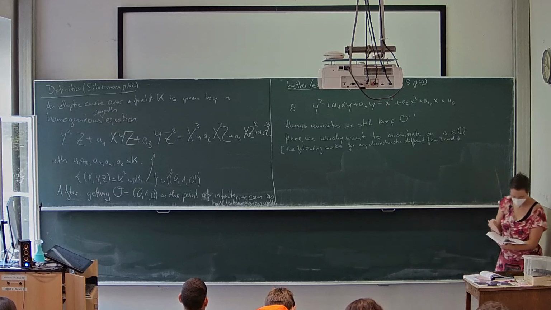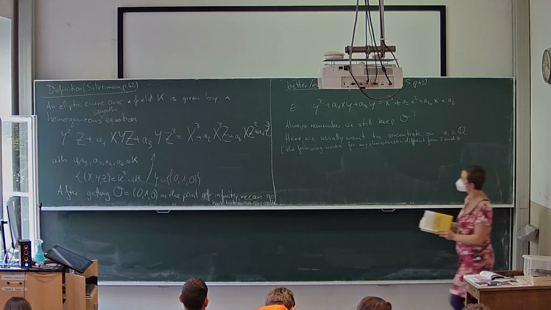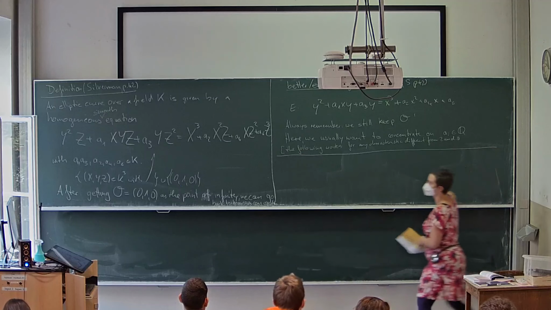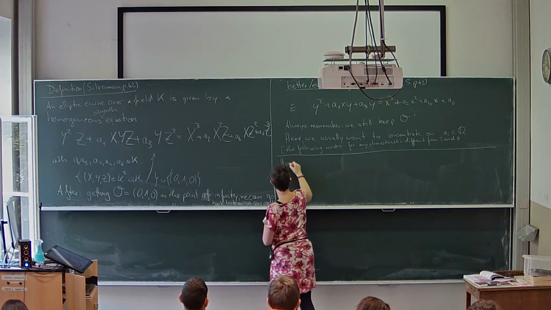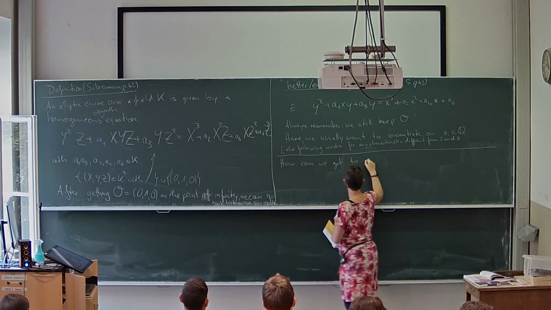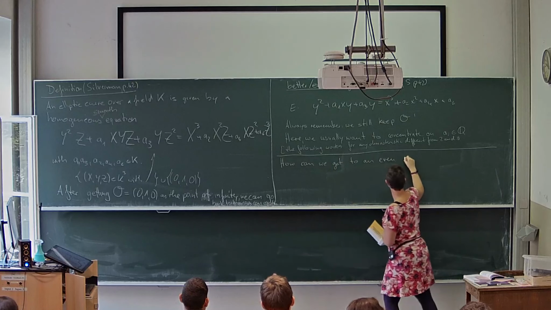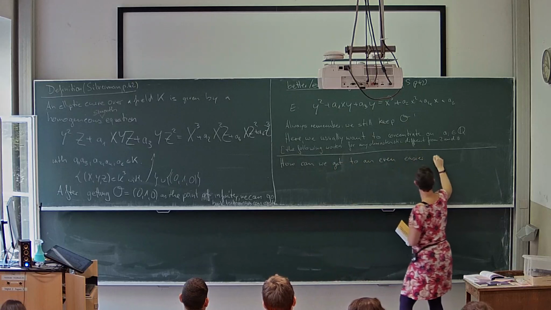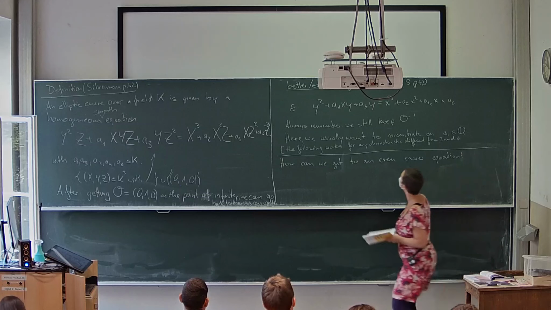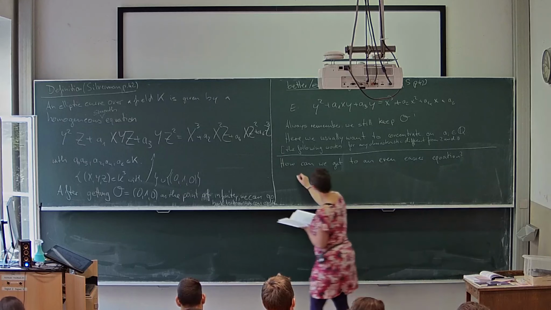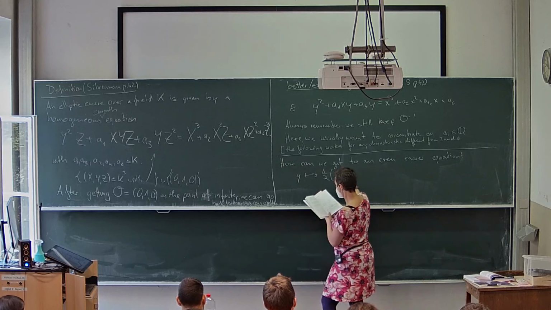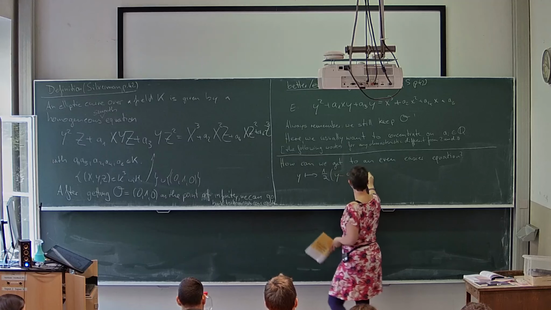So, okay. The first simplification, let me write this. First simplification we do is we substitute y by 1 over 2 times (y minus a1x minus a3).